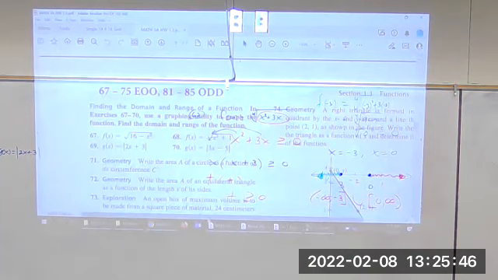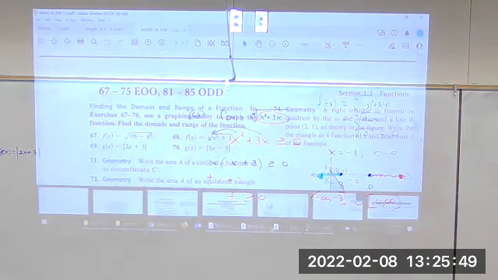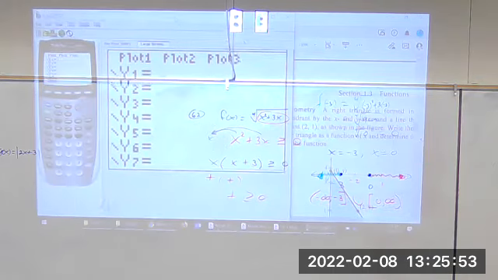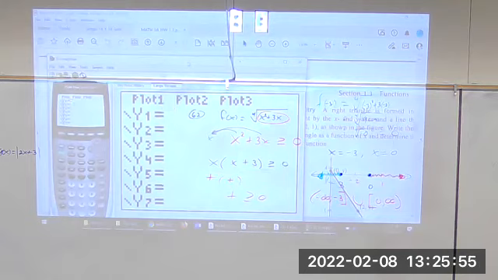It's an absolute value V shape. So y equals the absolute value. Just so you can see it a little bit better here.